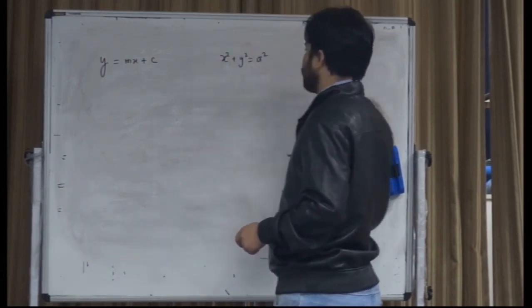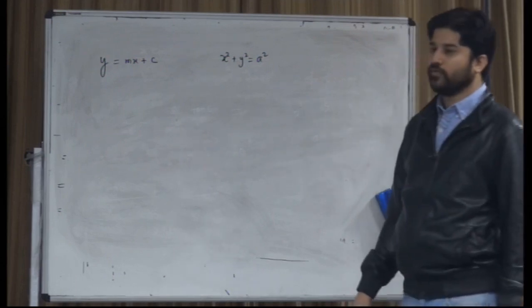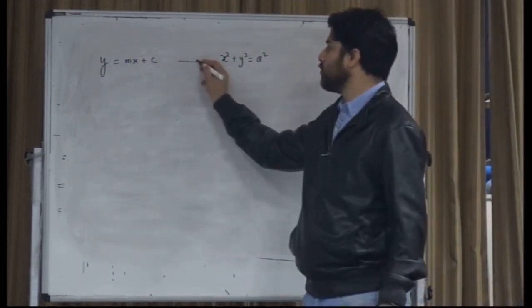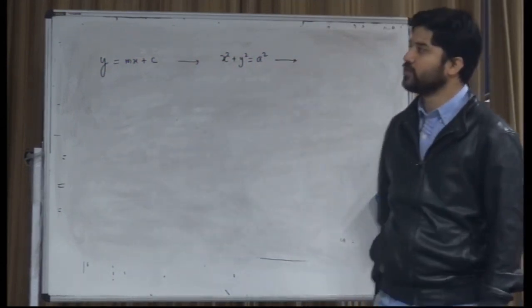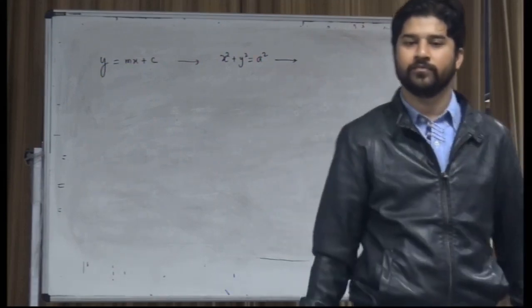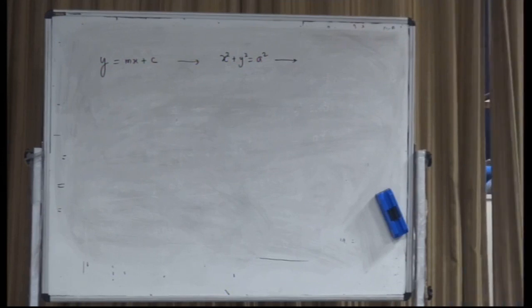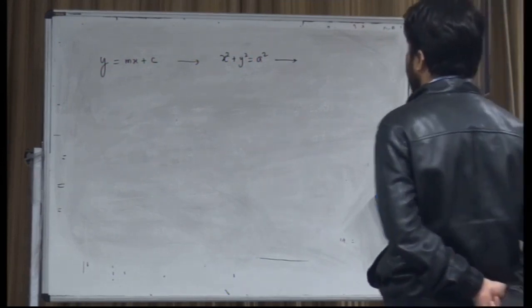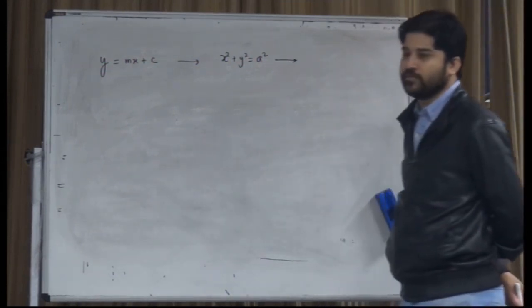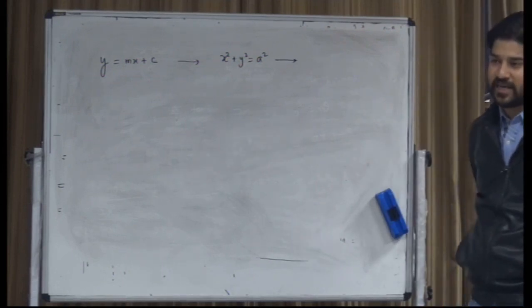What was it? When did y is equal to mx plus c turn out to be the tangent for x square plus y square is equal to a square? Arey, condition of tangency, circle chapter, very first lecture.